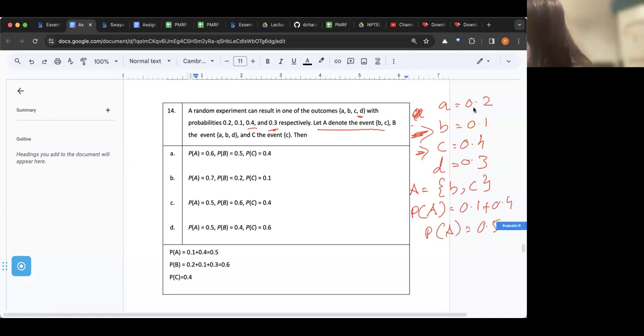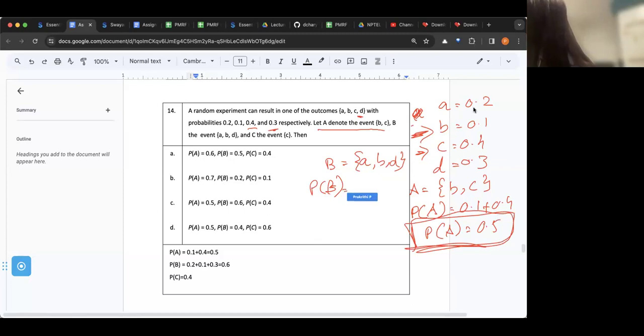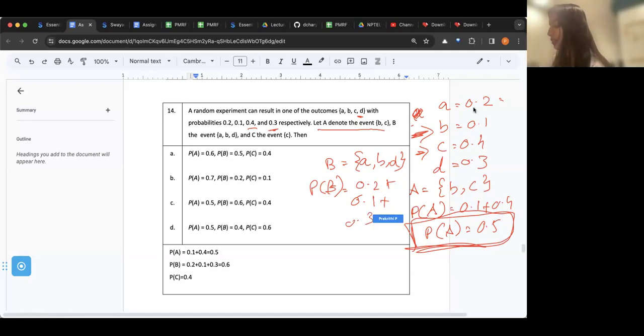We have calculated that. Now we define B. B is the event A, B, D. So probability of B is 0.2 plus 0.1 plus 0.3, which is 0.6.